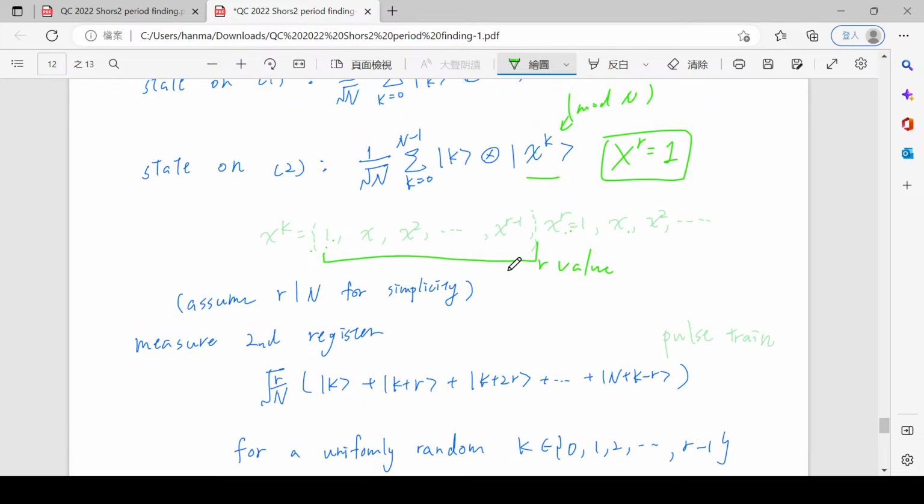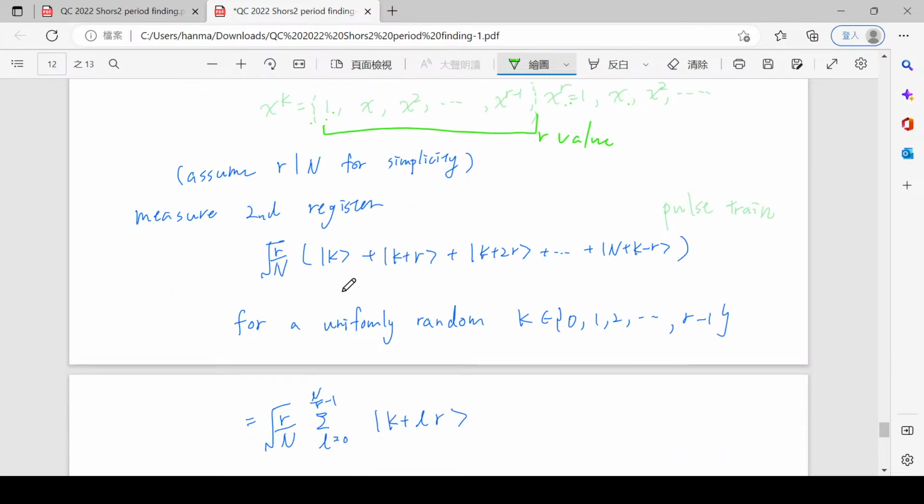So assume this, and then we will measure the second register. Then we'll get one of those values, so let's just say x to the k. We'll get some x to the k on the second register with this uniformly random k, from 0 to r minus 1.